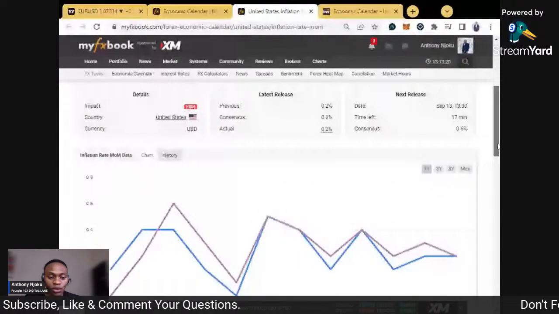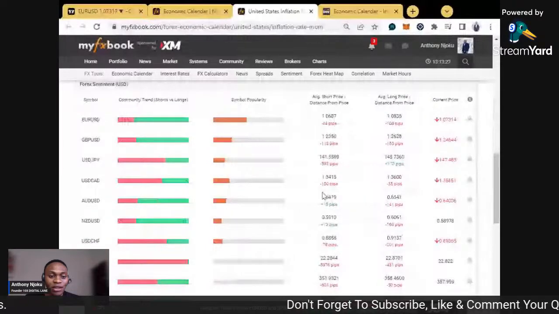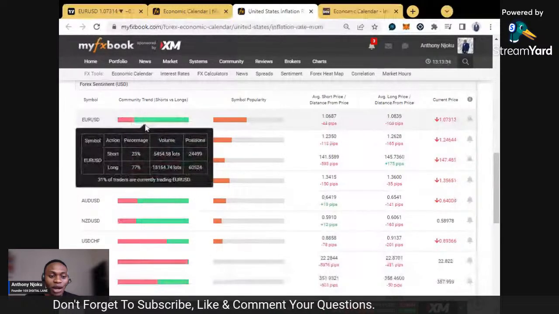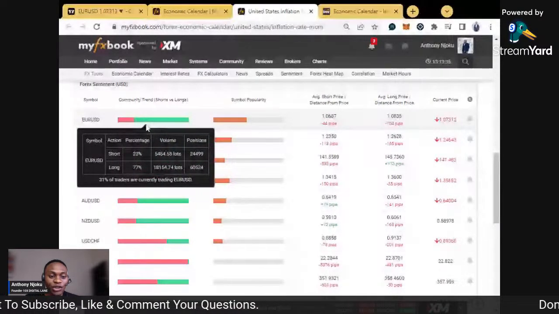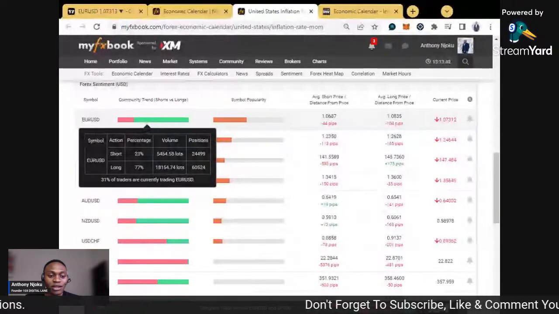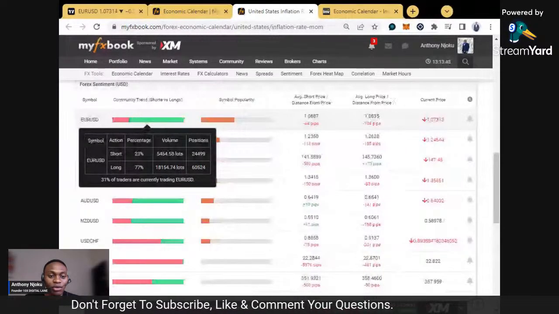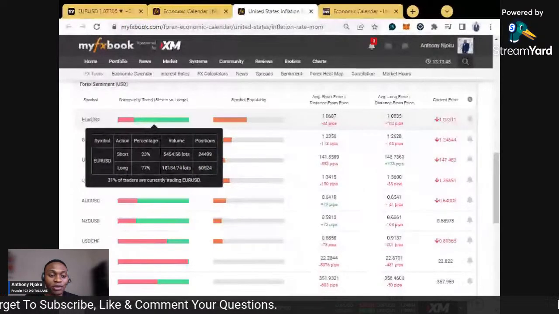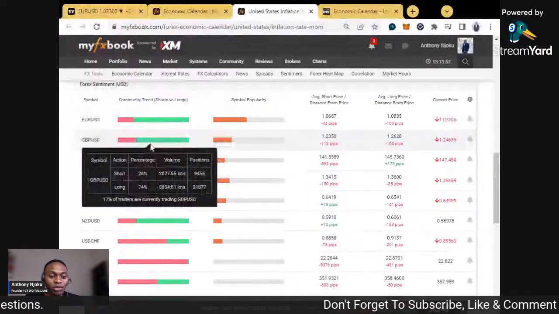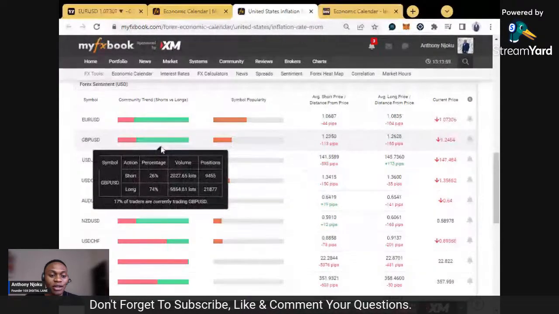Over here we can see some sentiment analysis. For the Euro USD, which is one of the most popular traded pairs, we have longs 77% and shorts 23% overall, across all the traders whose brokers are connected to this platform, MyFXBook. For GBP USD, we have 74% long and 26% short.